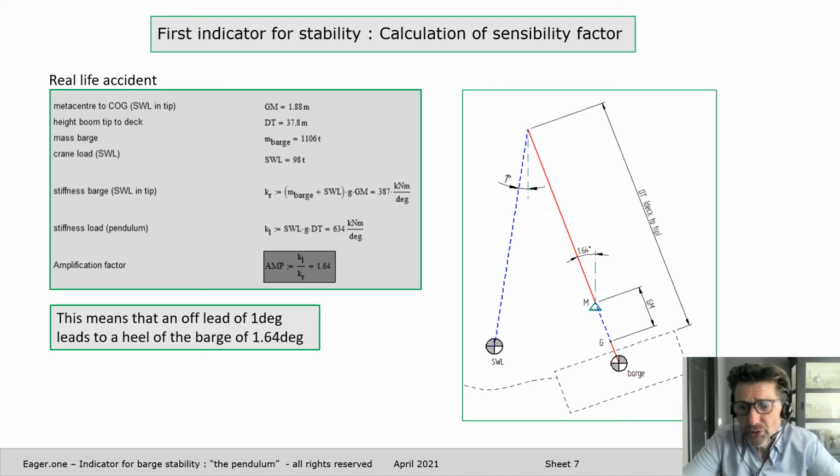But what value is safe and what value is not safe? It's a little bit arbitrary. However, at Eagle 1 we use at this moment a 0.5 as a maximum for a safe situation, and at least this value should be below 1, as you can understand.